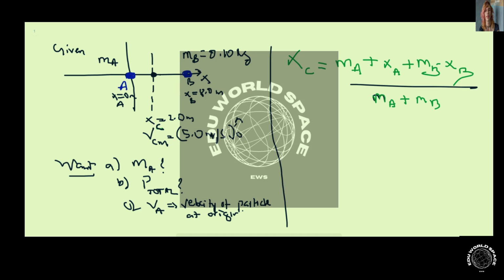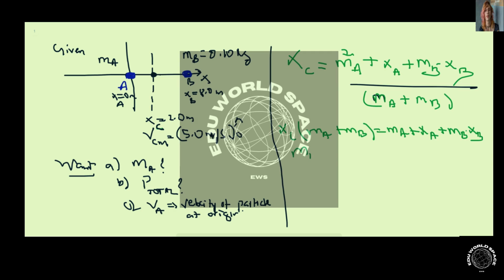And so our goal is to solve for the mass of A. We'll multiply both sides by this value, so we get XC times (MA plus MB) equals MA XA plus MB XB.